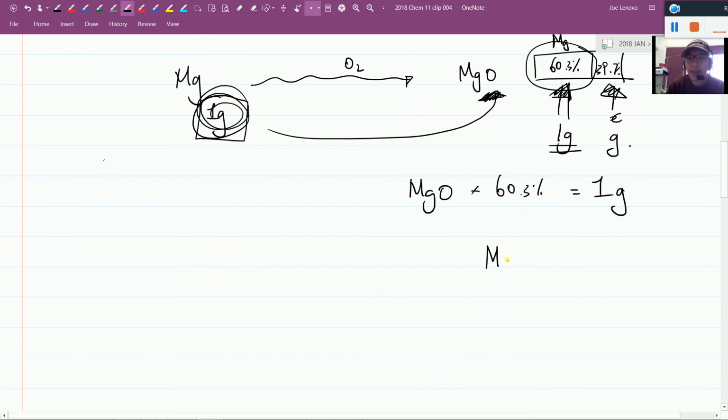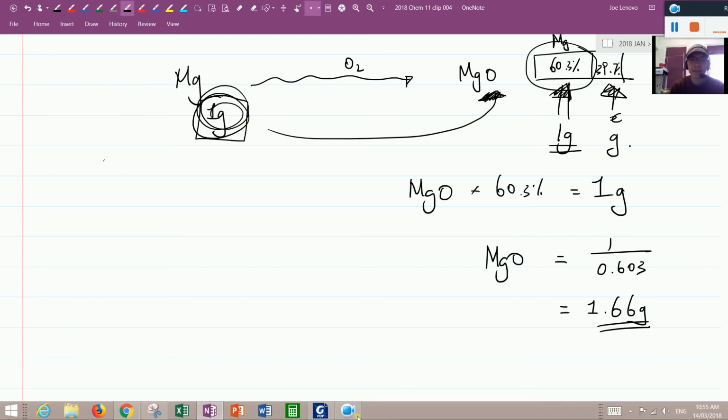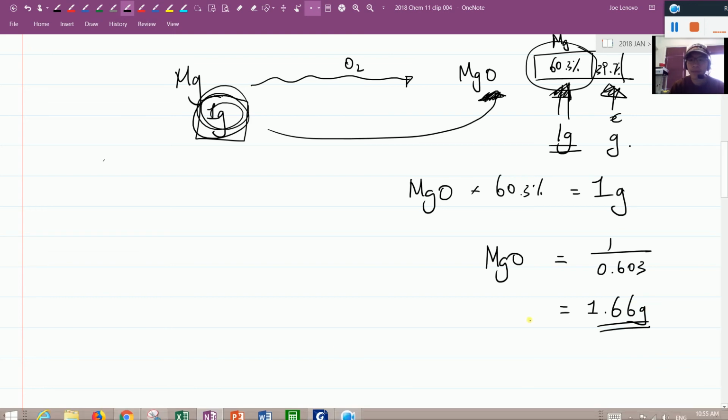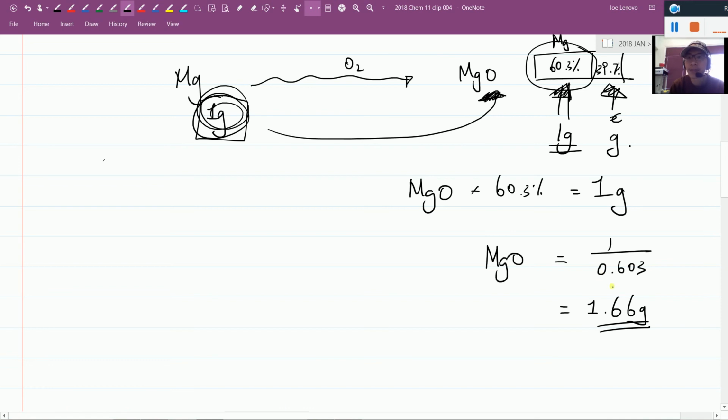Then the mass of MgO can be calculated by 1 divided by 60.3%, which is 0.603. We expect 1.66 grams to come up at the end. If you use the calculator, you can see that would be 1.66.